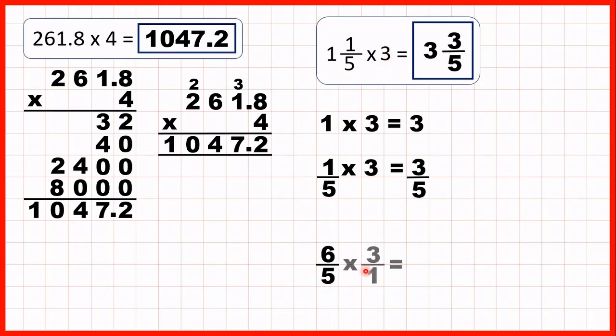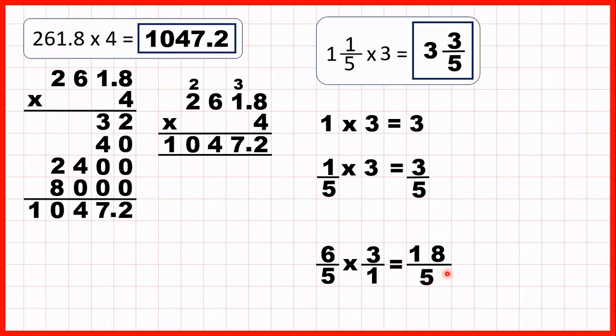We're multiplying by 3, and to remind us that we only multiply the numerator, we could write 3 as 3 over 1. So 6 times 3 is 18. The denominator stays the same because 5 times 1 is 5. So as an improper fraction, we could write our answer as 18/5.